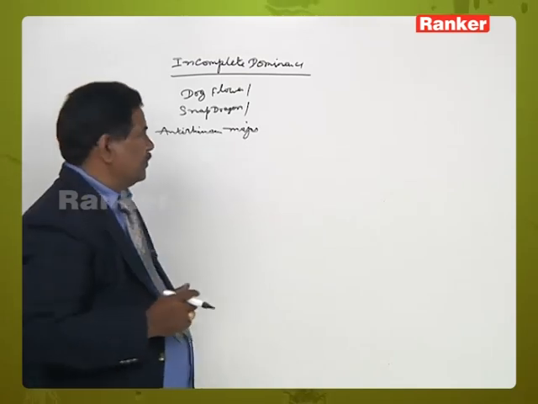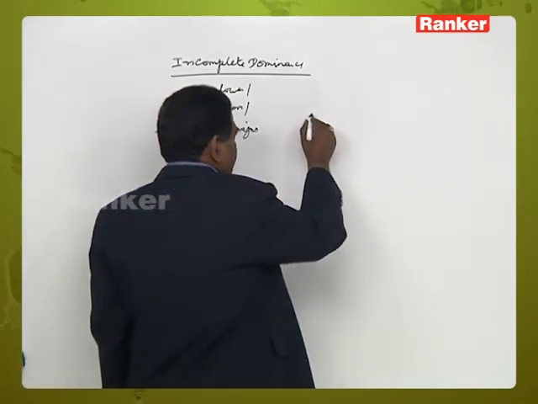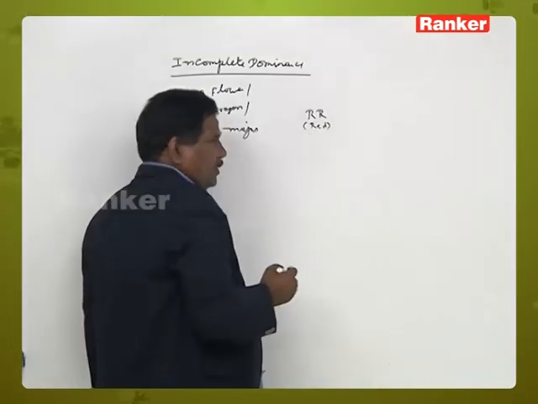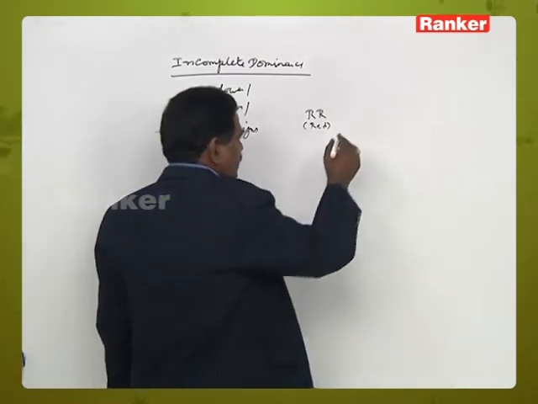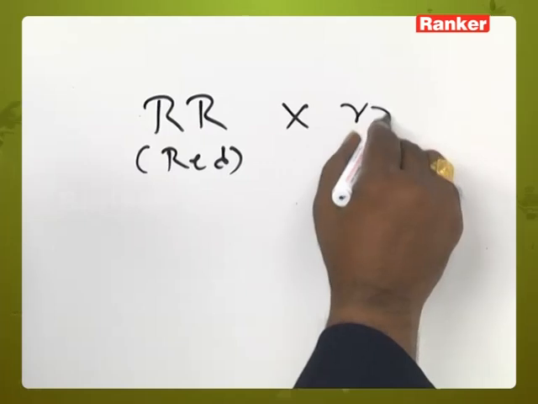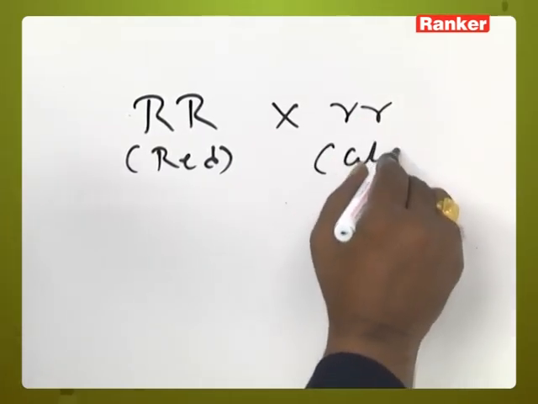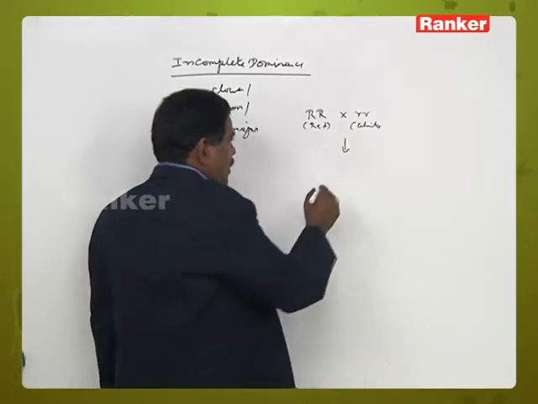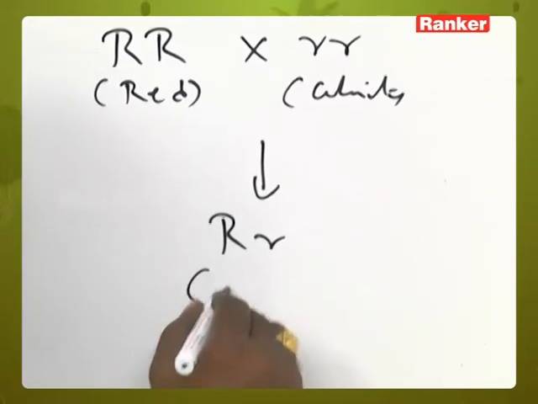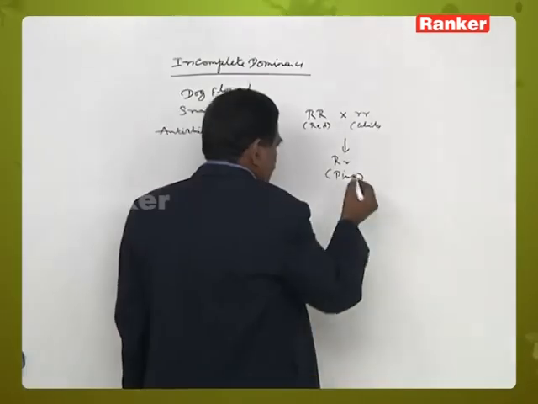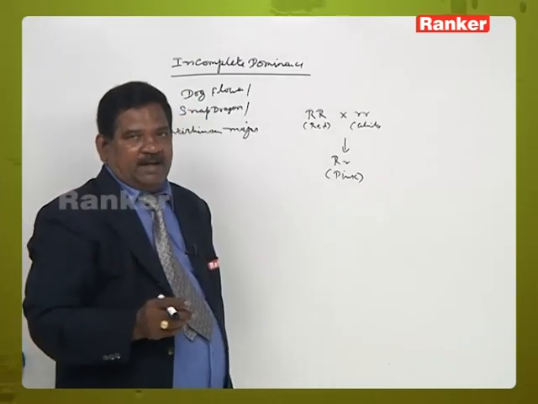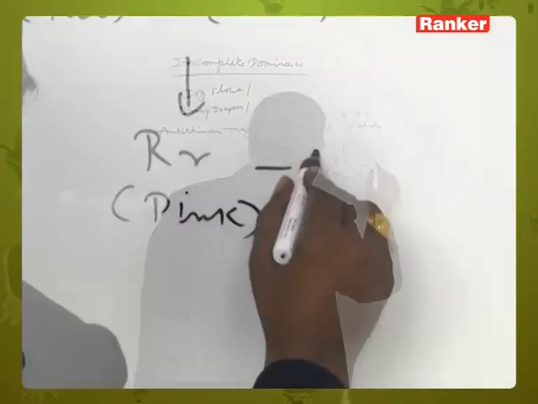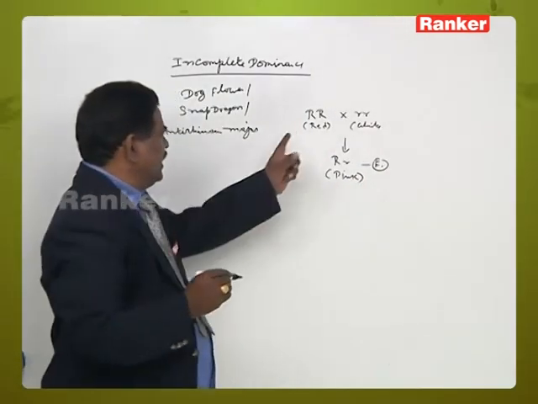When a pure red flower plant is crossed with pure white, in the F1 generation we obtain pink instead of red. So the F1 generation does not consist of any parental character.